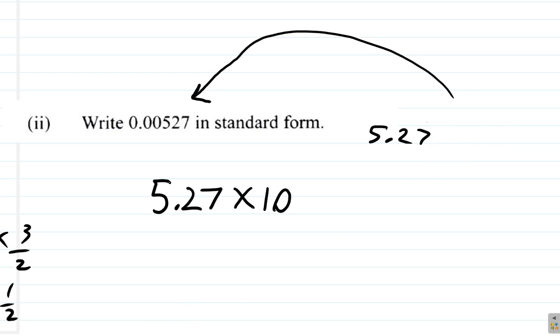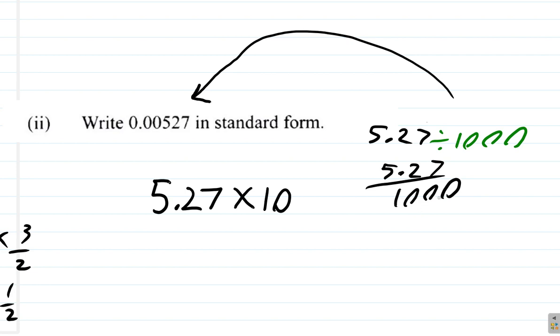Alright? So if you get this divided by 1,000, is like saying 5.27 over 1,000. But when you divide by 1,000, it's the same as multiplying by, well, what you have to do is say 5.27 times 10 to the power of negative. It is going to be a negative because you have to move the point to the left.